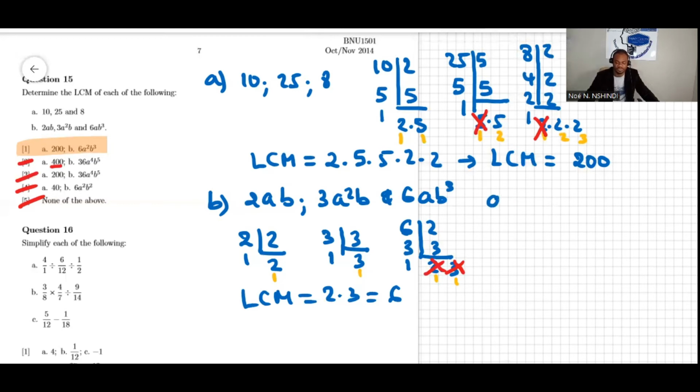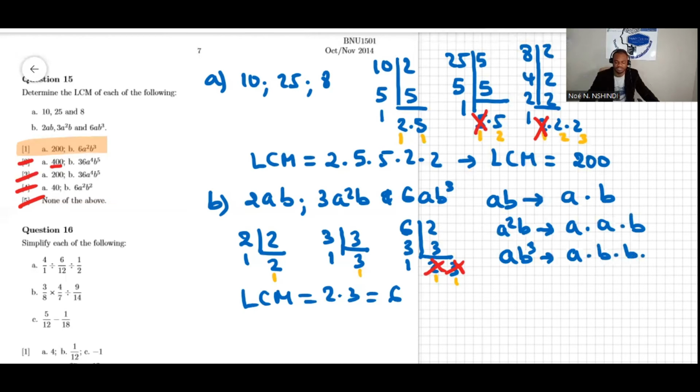For the variables, AB, this will be just A times B. For 3A squared B, I already worked out the constants, so let's just say for A squared B, this will be A times A times B. For AB cubed, this will be A times B times B times B. Now let's look at the indices.